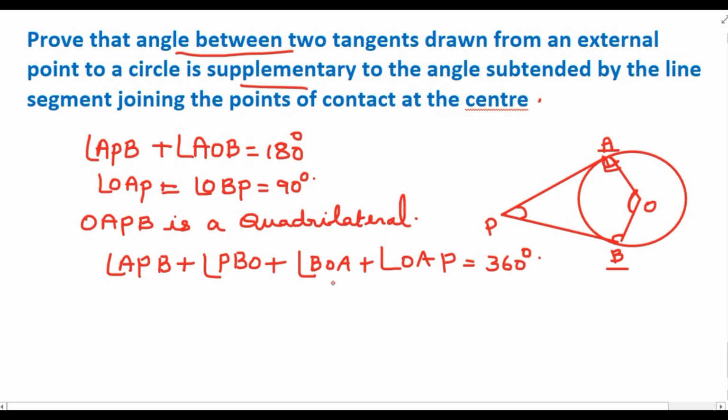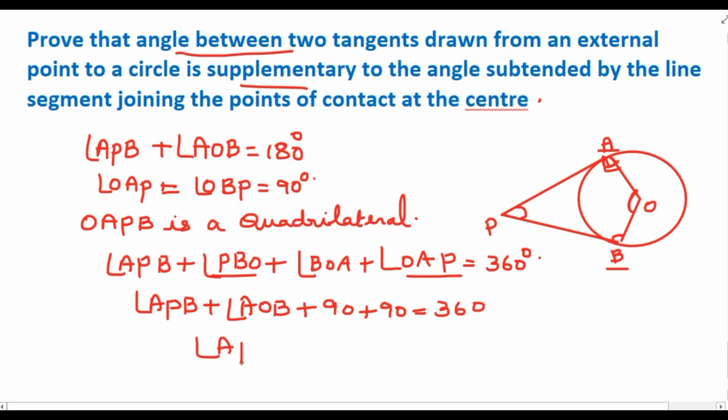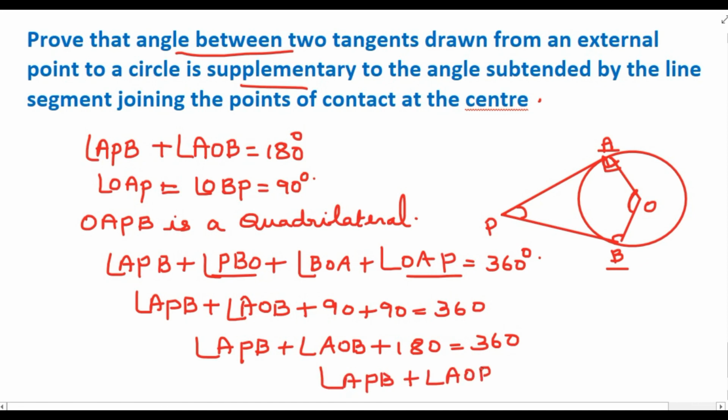And in this I know that OAP and OBP are 90 degrees. So APB plus angle AOB plus 90 plus 90 is equal to 360 degrees, which is APB plus angle AOB plus 180 equal to 360 degrees, or APB plus angle AOB equal to 360 minus 180, which is equal to 180 degrees.